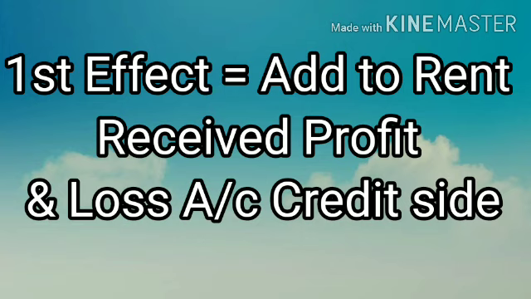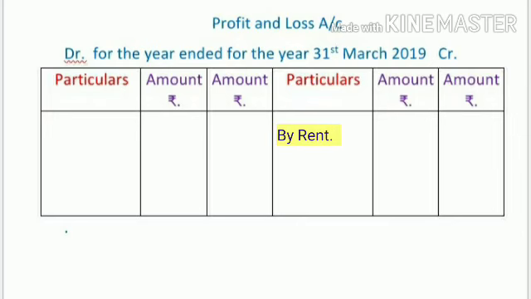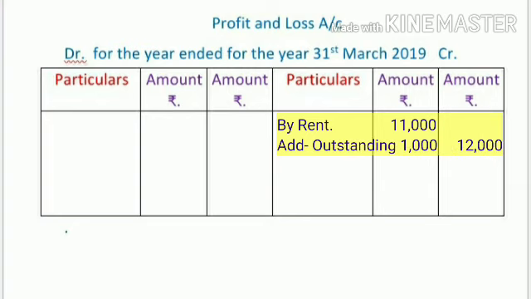First effect, add to rent received in profit and loss account credit side, that is in profit and loss account credit side, by rent received 11,000 add outstanding 1,000 is equal to 12,000. Show outer column of profit and loss account.